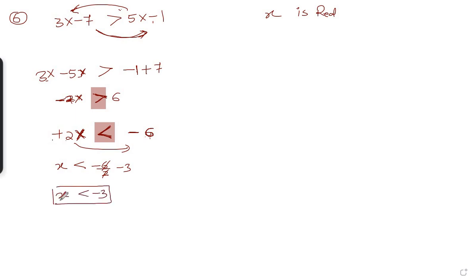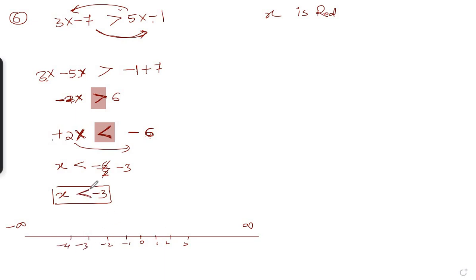This is the condition. To show the solution on a number line, what will we do? We will make a number line from minus infinity to infinity, right? And we will show it starts from center 0, 1, 2, 3 like this, and this side minus 1, minus 2, minus 3 and so on.